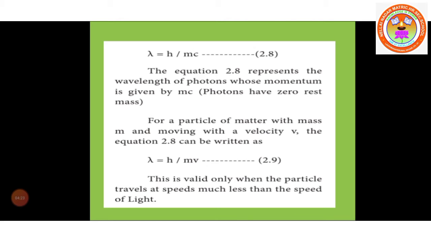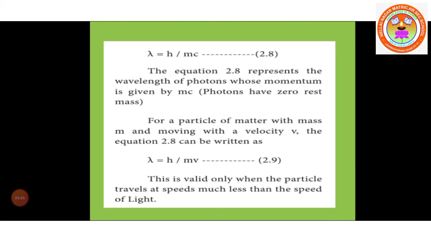So the equation represents the wavelength of photons whose momentum is given by mc. M is the mass of the photon and c is the velocity of the photon. So photon has zero rest mass.